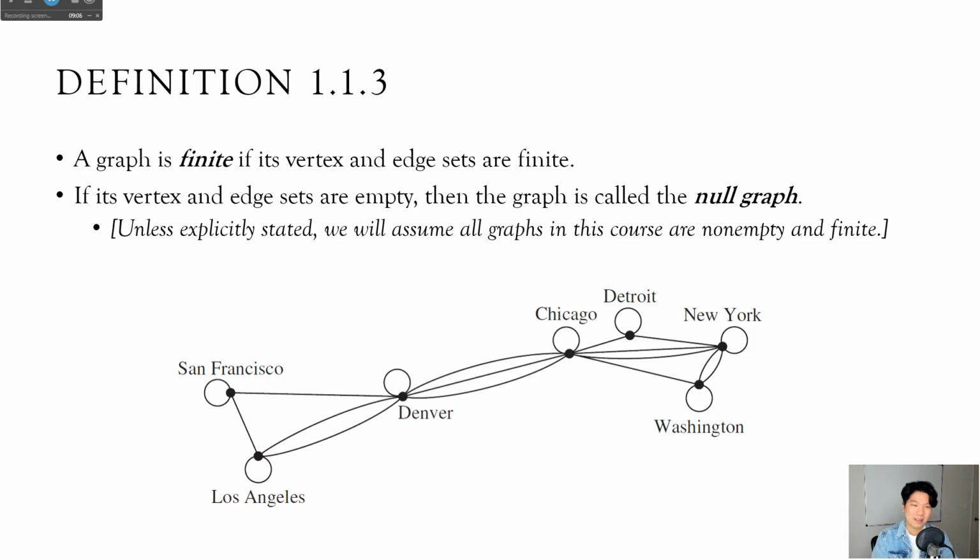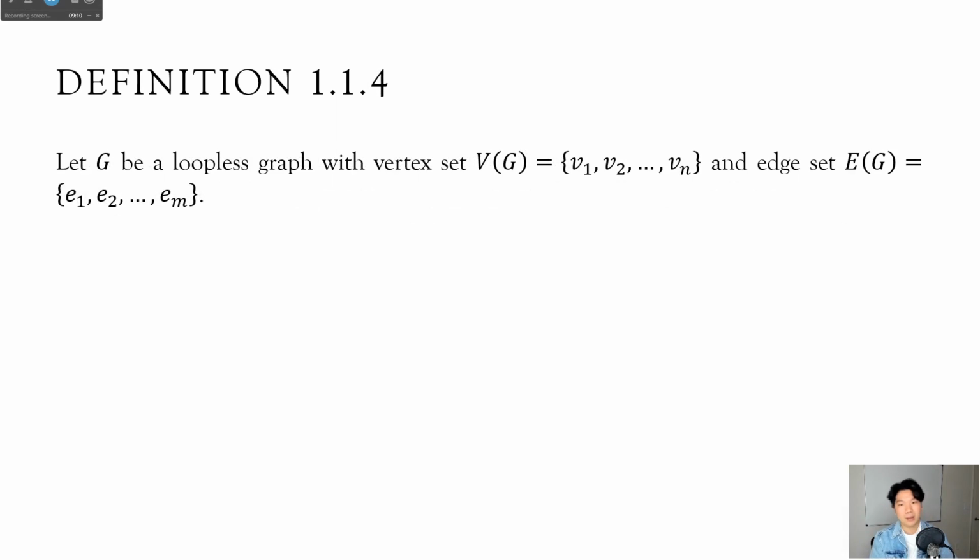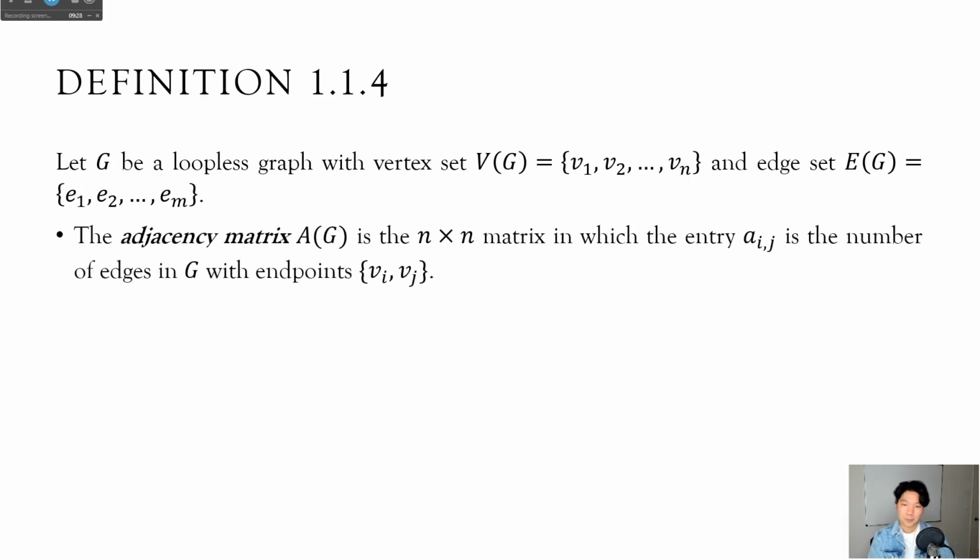All right, some more definitions. I know we have a lot of definitions here if you're looking at the notes right now. Let's say I have a loopless graph with some number of vertices and some number of edges. One thing that we might be interested in is called the adjacency matrix.